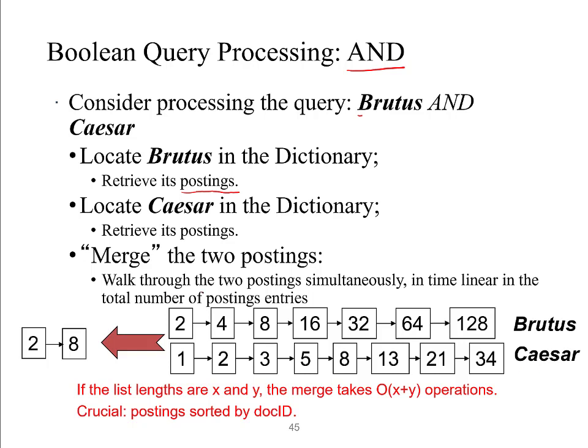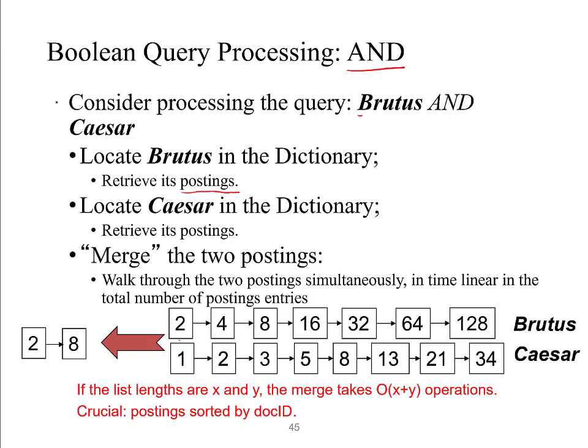Because we're going to do AND, we want to find the document IDs that appear in both posting lists. So we walk through the two postings simultaneously, in time linear in the total number of posting entries, and we can find the elements that appear in both of them.